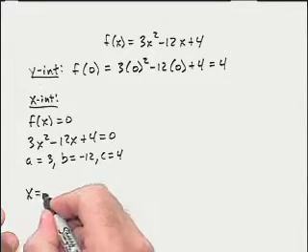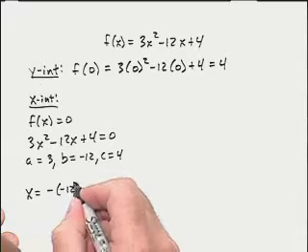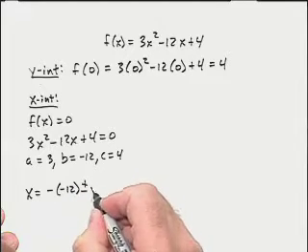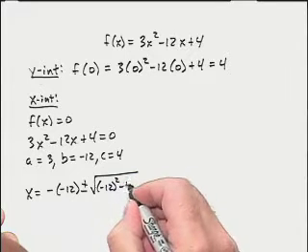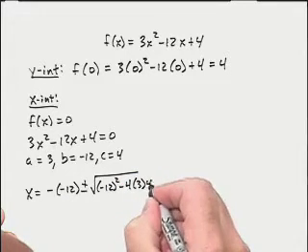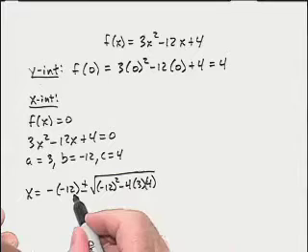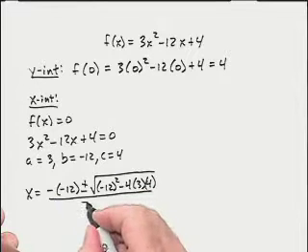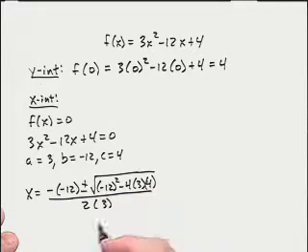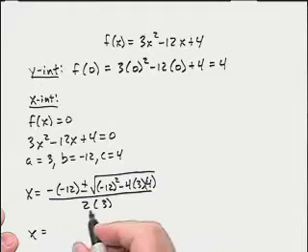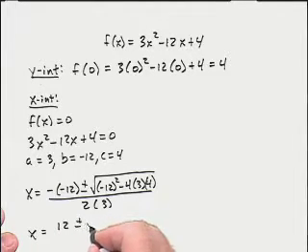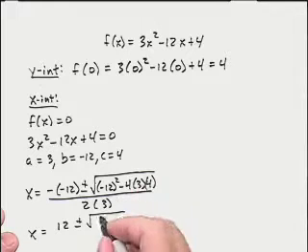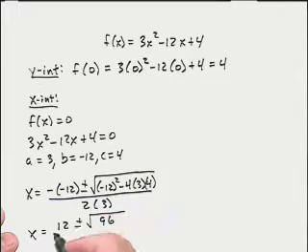We'll have x is equal to negative negative 12 plus or minus the square root of negative 12 squared minus 4 times 3 times 4, all divided by 2 times 3. Clean that up a little bit. We'll have x is equal to 12 plus or minus the square root of 96, all divided by 6.